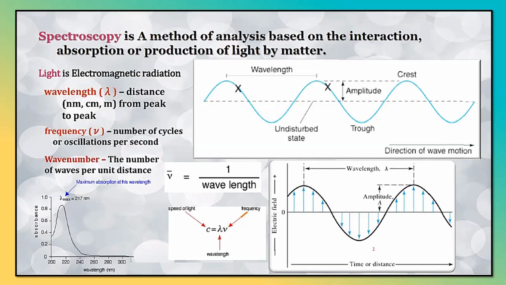Whenever a part of a light is absorbed, the corresponding spectra we get is absorption spectra. This absorbed light, after a certain amount of time, will be emitted back. Whenever this light is emitted back, that spectra is called emission spectra.